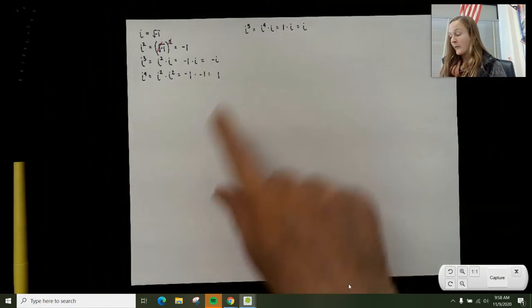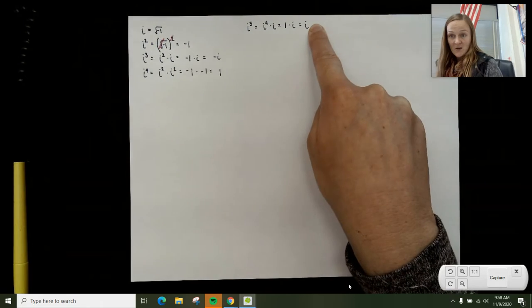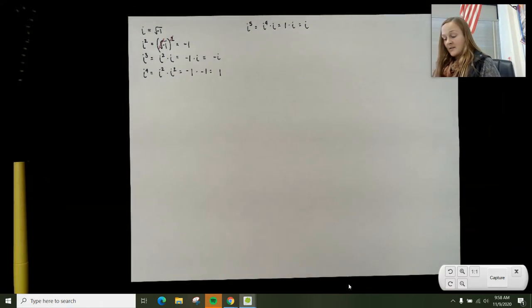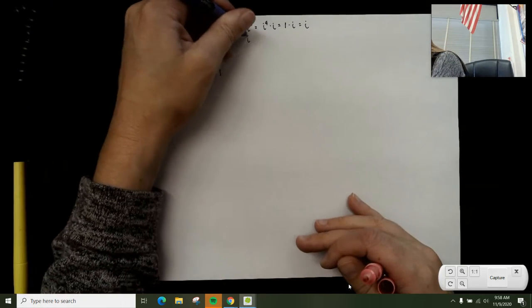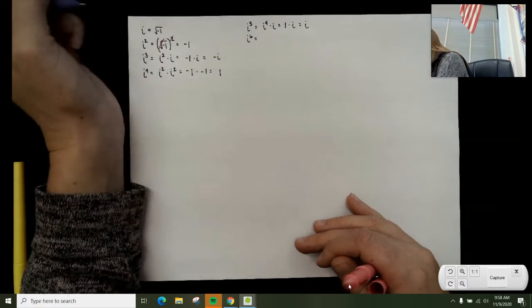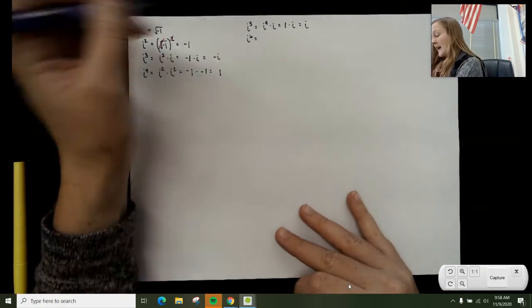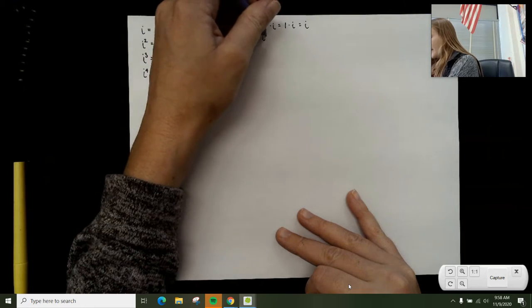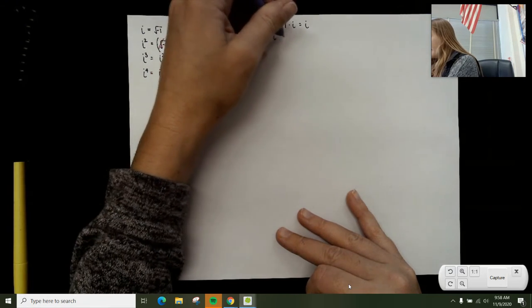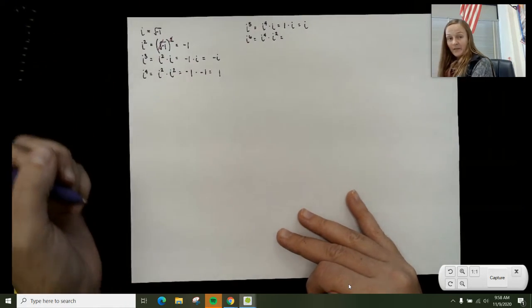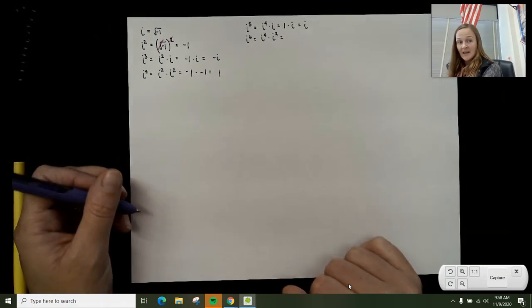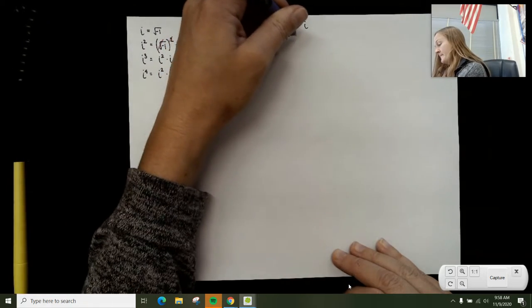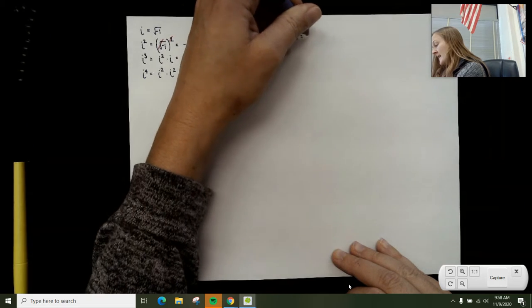So now I'm at the point where I see i to the fifth equals i. i to the sixth is equal to i to the fourth times i squared. i to the fourth is 1. i squared is -1. So that's equal to -1.